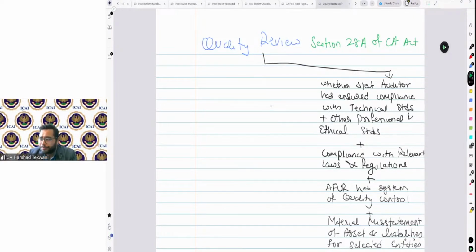There will be 11 members in that board: one is the chairman and 10 are other members. Government will nominate the chairman and 5 members. The remaining 5 members are nominated by the Council of ICAI, total 11 members. Members are nominated from various fields and have a tenure of 3 years. So that is the background of quality review, and quality review is conducted by the quality review board.